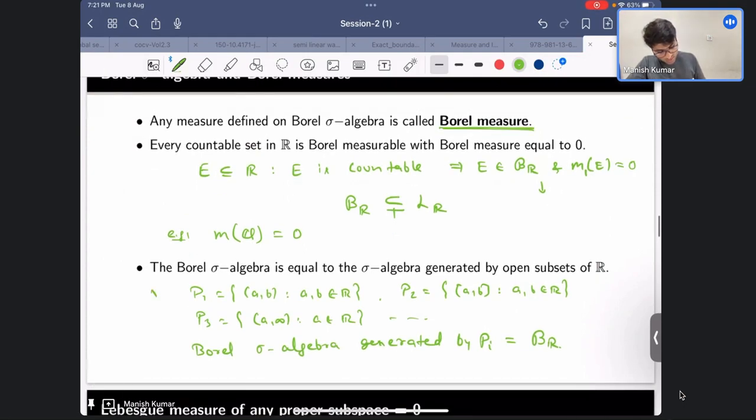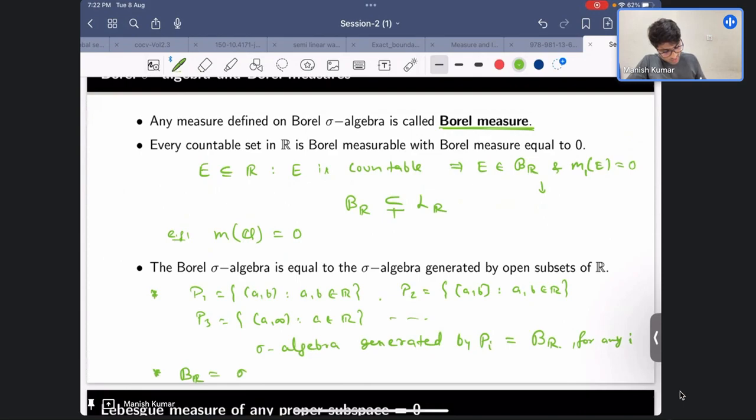So this is one result. The other thing is that B of R is equal to the sigma algebra generated by the P_i's, for any i, and this is equal to the Borel sigma algebra.